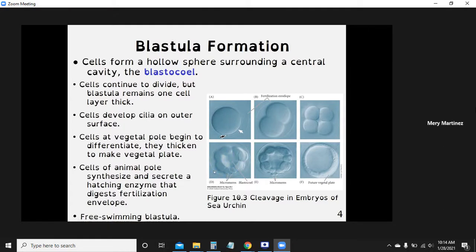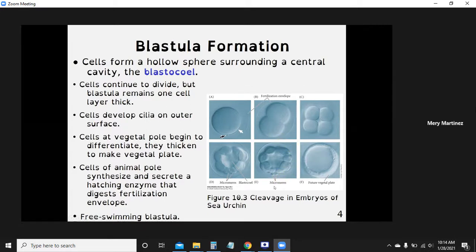Now the cells are all more or less about the same size, but as it goes, that changes. Cell division of the micromeres, not the macromeres, starts slowing down. Every cell contacts the protocoelic fluid, the fluid that is inside the blastocoel, and there is the hyaline layer on the outside.